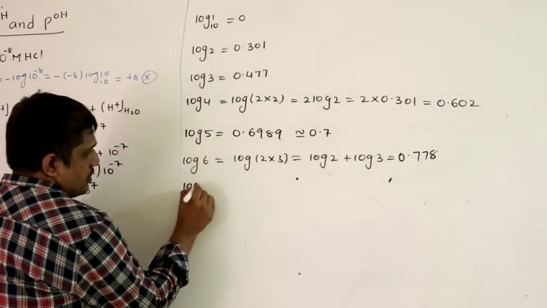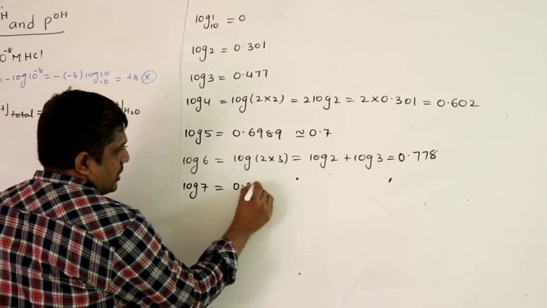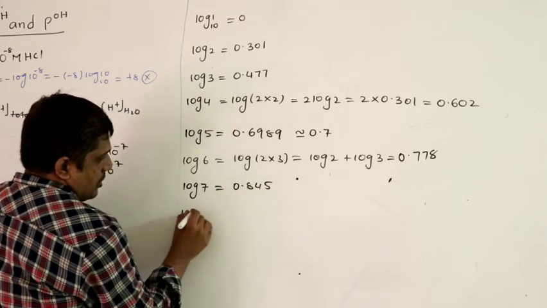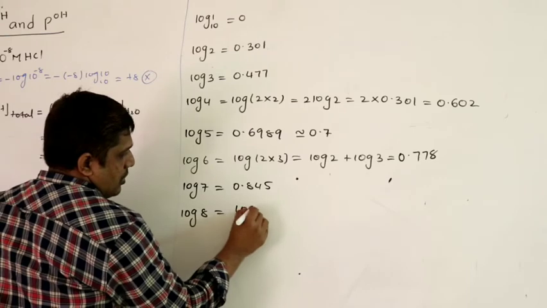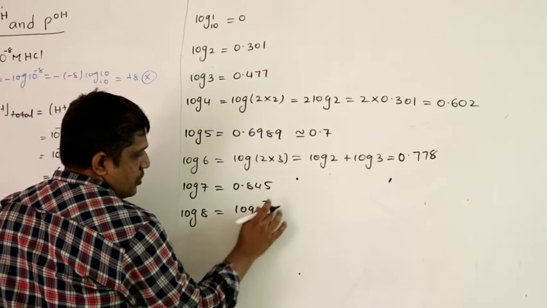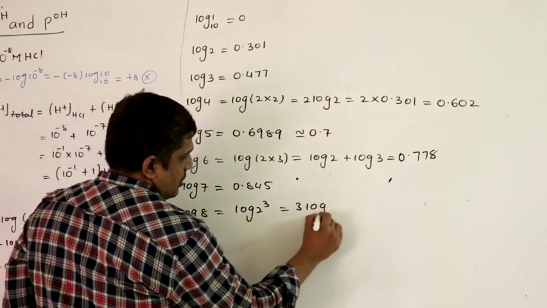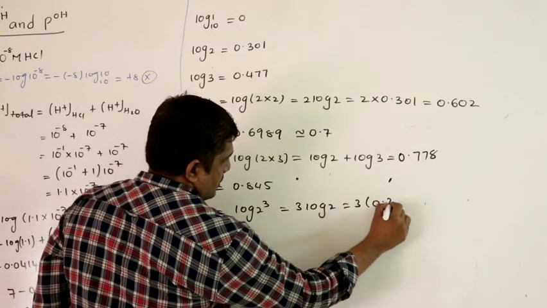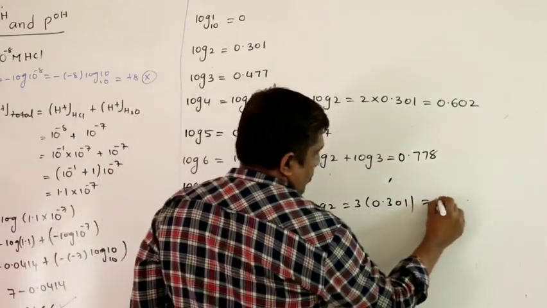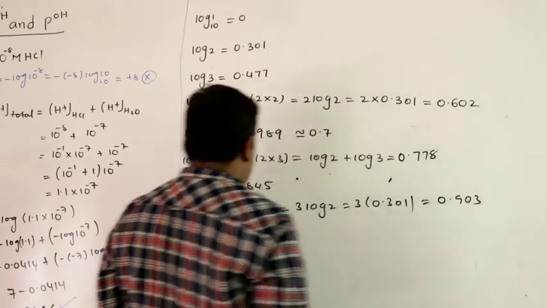Log 7 is 0.845. Log 8: log 2 cube is 8, so this is 3 log 2, which is 0.903.